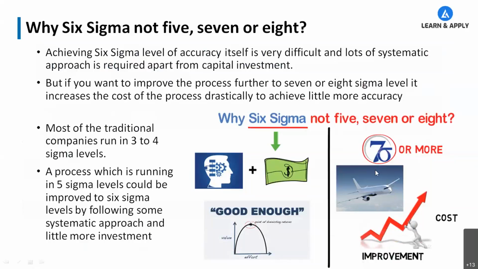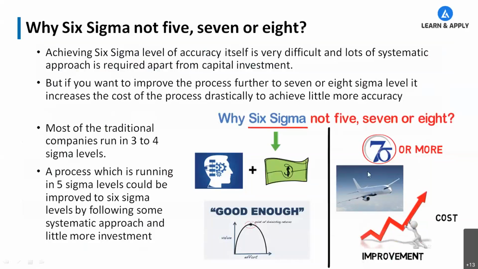But in some sectors like aeroplane, or healthcare, these are industries where we require more than 7 Sigma, even more than 8 Sigma, because we cannot say that if we are flying 1 million planes, 3.4, or 5 planes, or 4 planes will crash, because that is a huge loss for the lives of people.